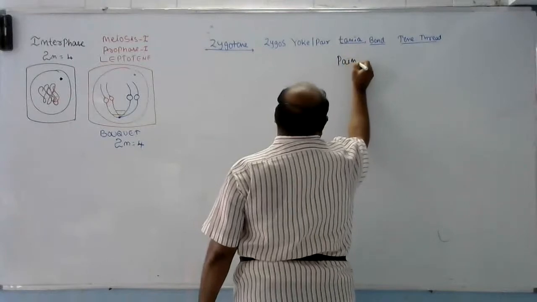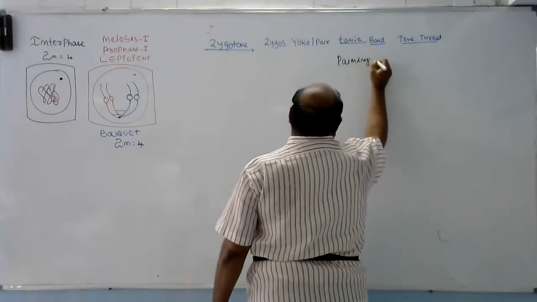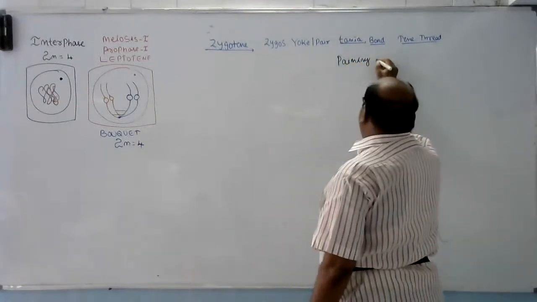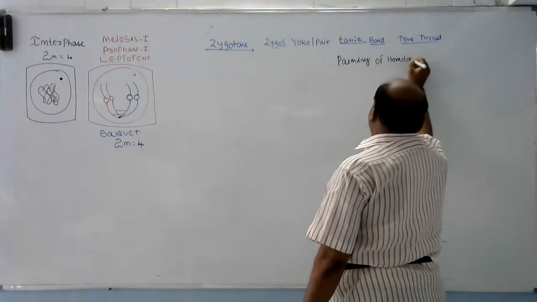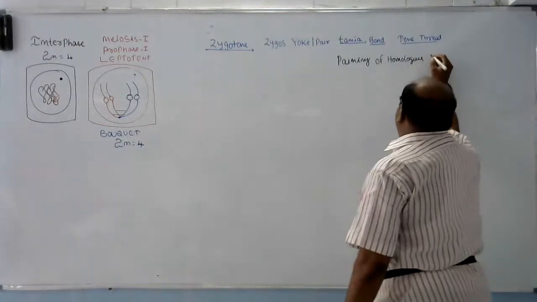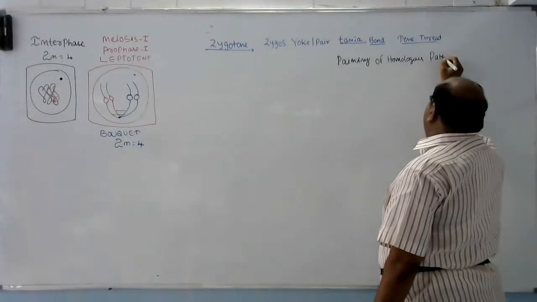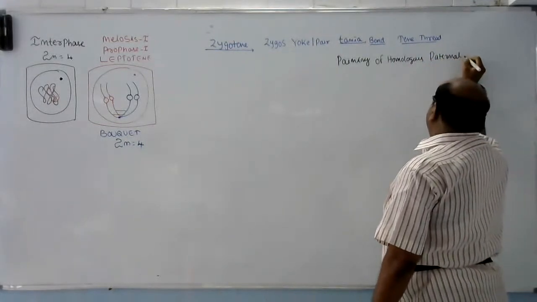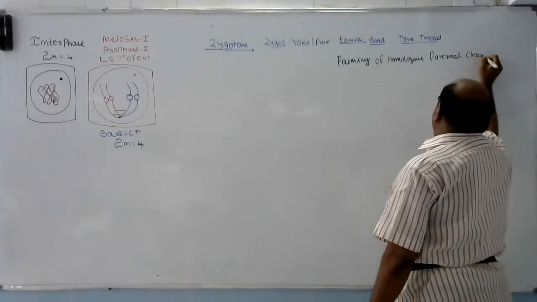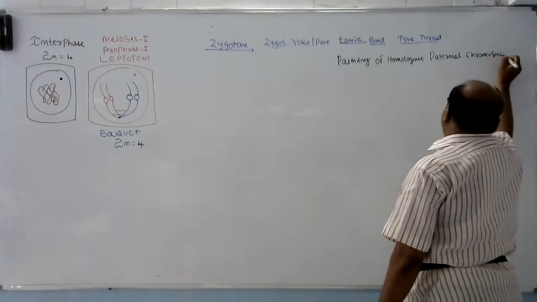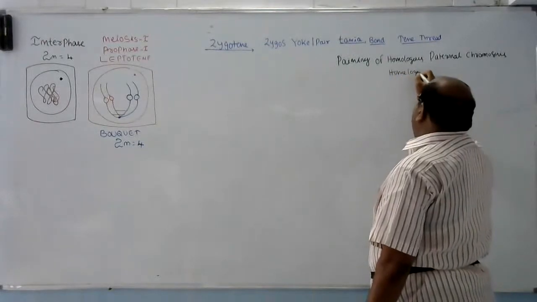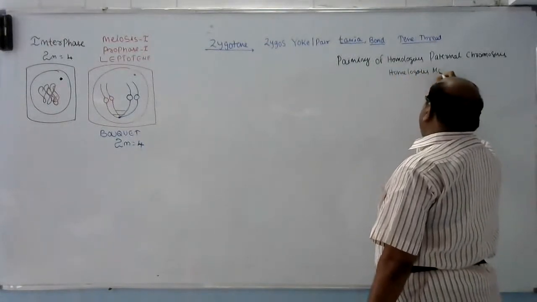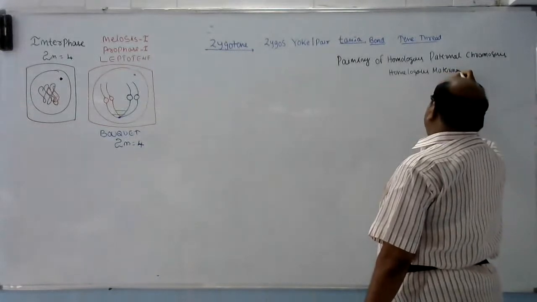Pairing of homologous paternal chromosomes with homologous maternal chromosomes.